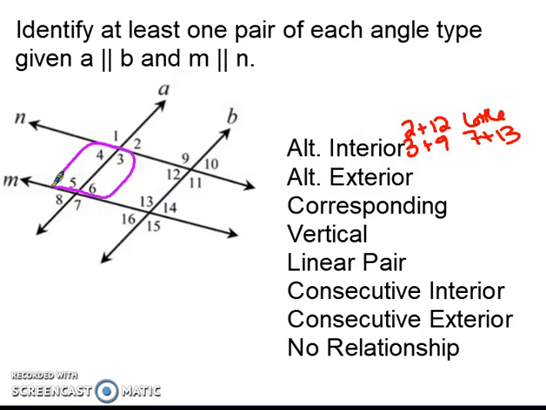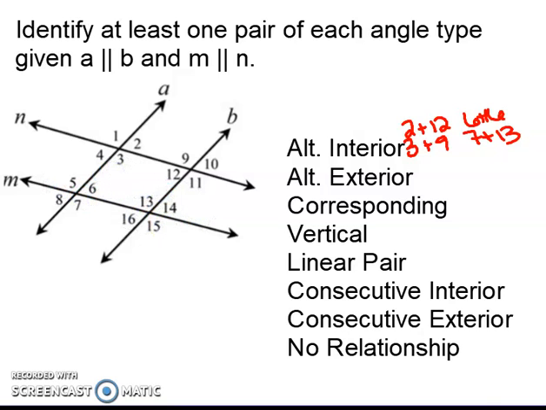Well, that tells me 3 and 5 would be alternate interior, and 4 and 6 would be alternate interior. I could also use B as my transversal, making 12 and 14 alternate interior, and 11 and 13 alternate interior. So it just depends what transversal and what set of parallel lines you used.